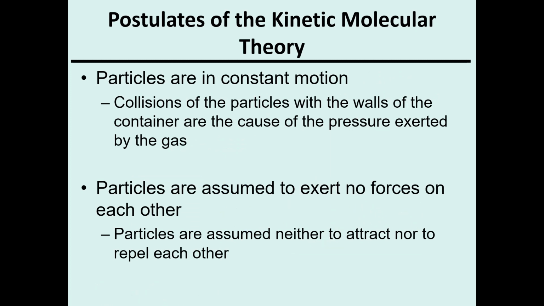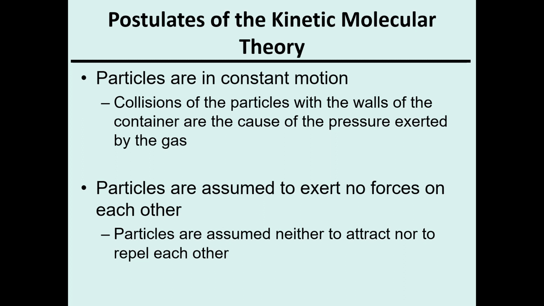Another postulate is that particles are in constant motion. So we assume that gas particles are moving all the time throughout their container, which is pretty much the case. And we also assume that the collisions of the particles with the walls of the container are what the gas pressure comes from. So in other words, the gas pressure is caused by particles bouncing off the sides of the container.